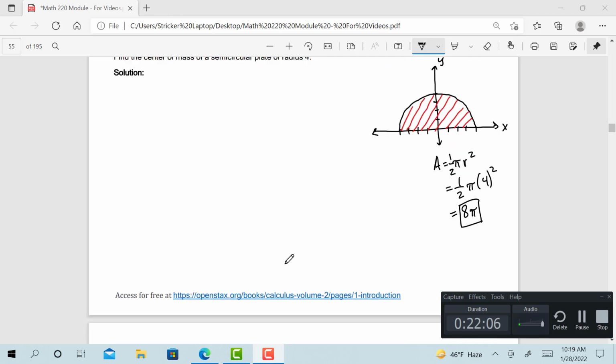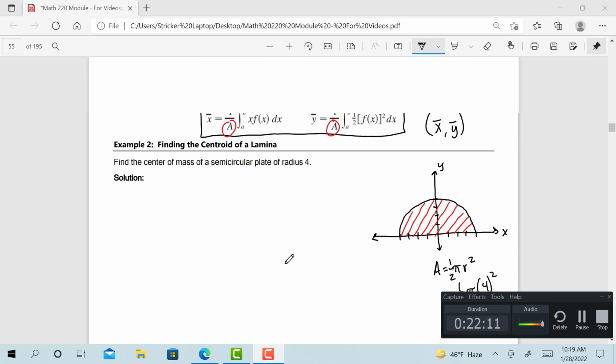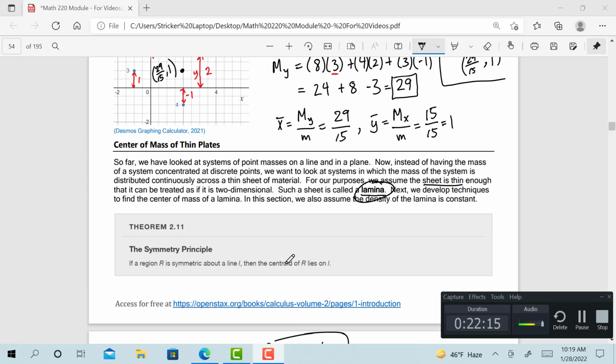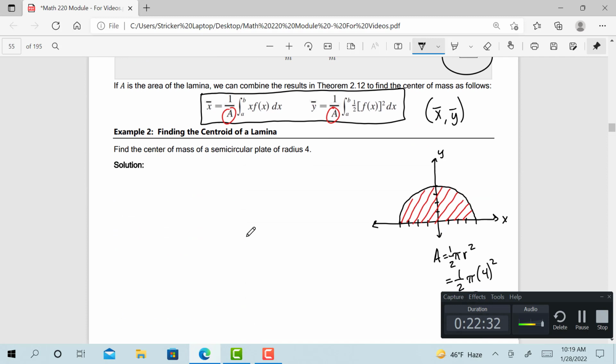One of the things that we did not mention earlier is that when we were talking about the lamina, we assume that the mass of the system is distributed continuously or evenly. It says the mass of the system is distributed continuously across the thin sheet of the material. So we can use symmetry to our advantage in this one.